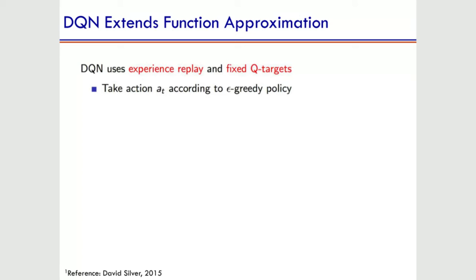So let's go back to Q-learning. At any given point of time, now instead of a Q table, we'll have a Q function approximator, which means we assume that we have a CNN. We'll take an action according to the epsilon-greedy policy, which just means we see the screen and pass it through the currently trained CNN, and the CNN will say these are the Q values for the 18 different actions.